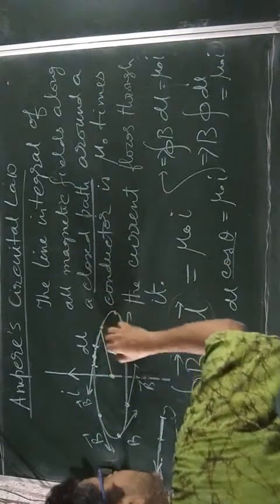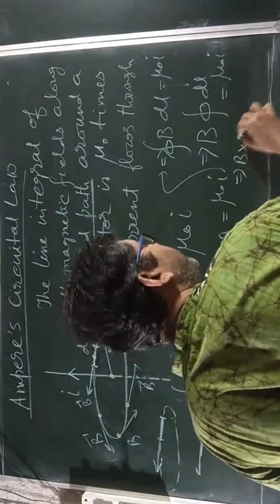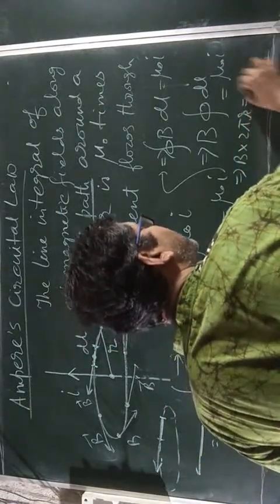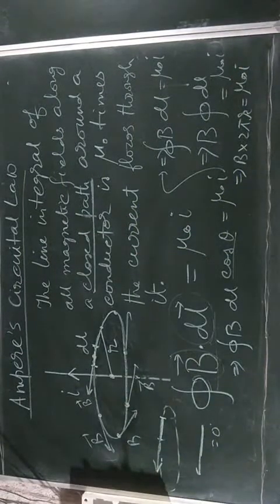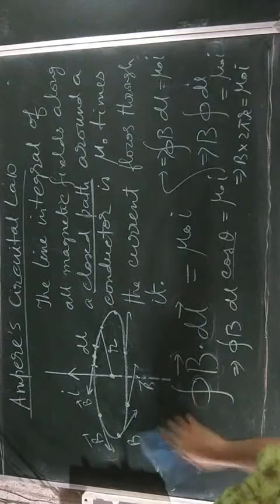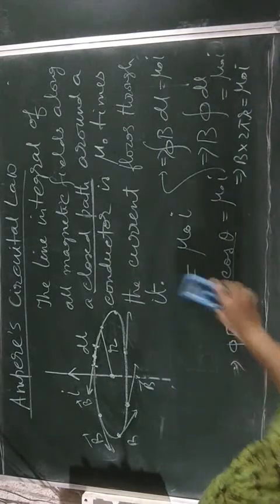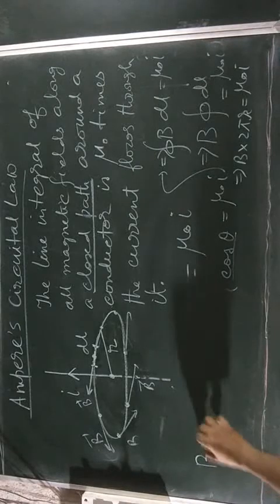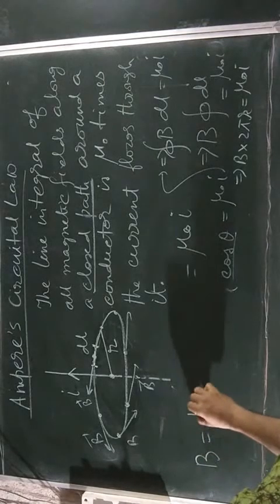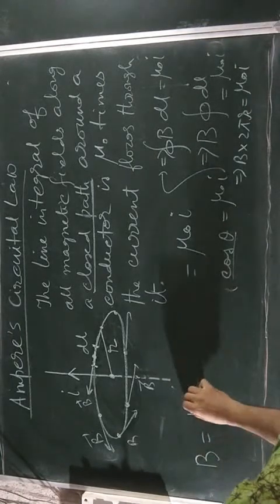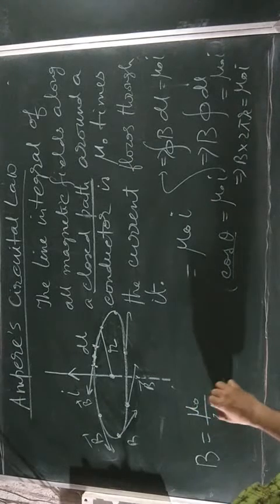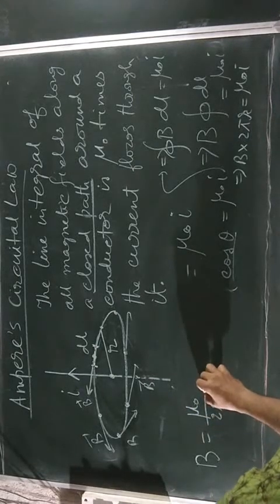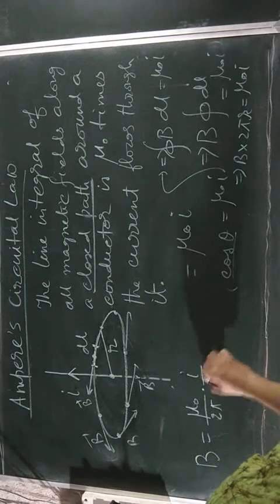If the radius is r, that means B into 2 pi r is equal to mu naught times I. From here we get B is equal to mu naught upon 2 pi, I by r.